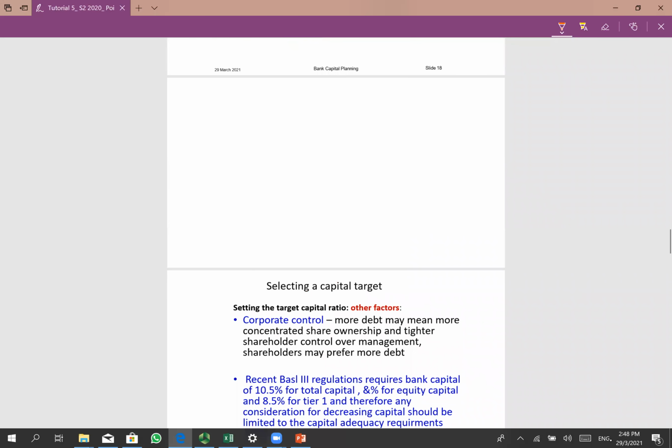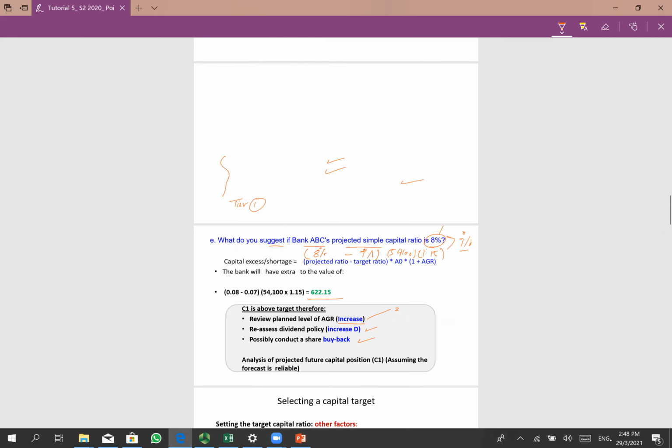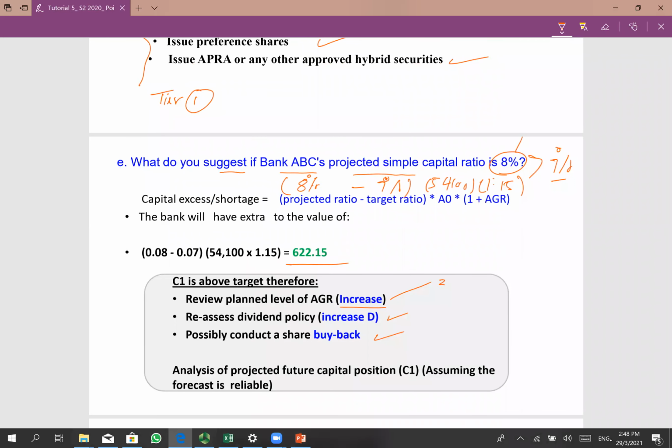So one of the things is to increase my asset growth, so it eats the extra capital. It eats the extra capital. I can do all these things. Or I can review my calculation. Maybe my calculation needs to be more conservative, and the formula will show me some other things. But mainly you have to look at these ones.